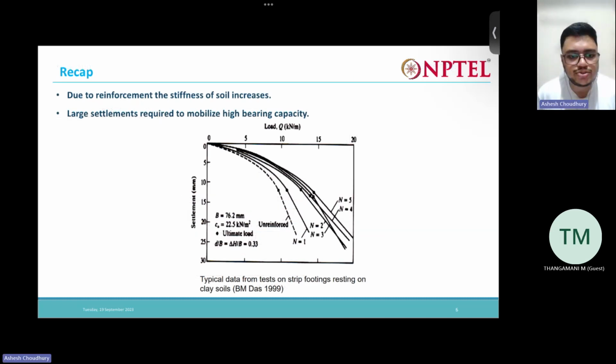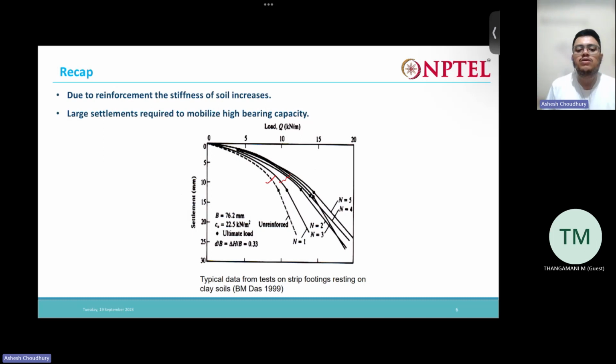Now, if we see this graph, we can see the effect of the reinforcement. If we put reinforcement in the soil, the stiffness of the soil is increased. This dotted line is for unreinforced soil, and all the other plots are for reinforced soil.